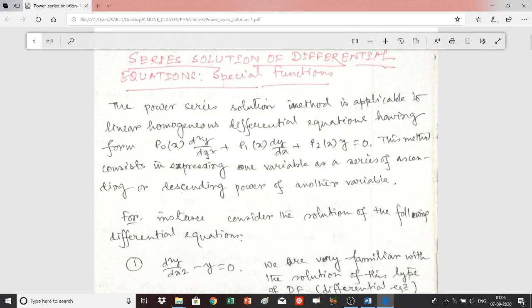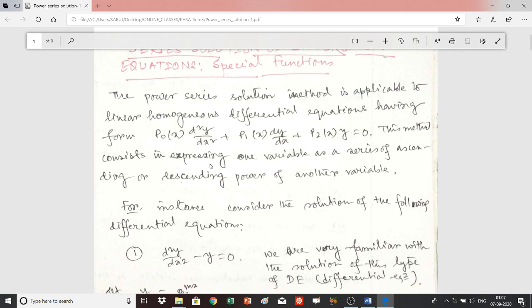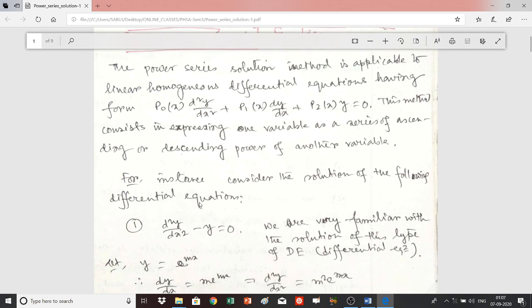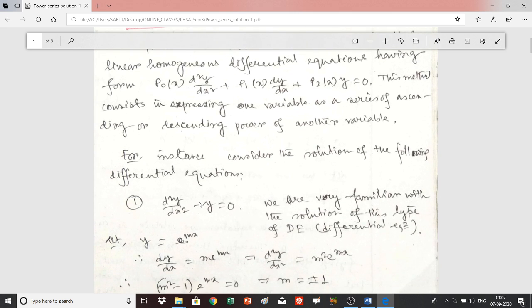So our aim will be to express y as a function of ascending or descending powers of x, and to know how to express y in terms of x as ascending or descending powers, we have to recapitulate how to solve some differential equations.